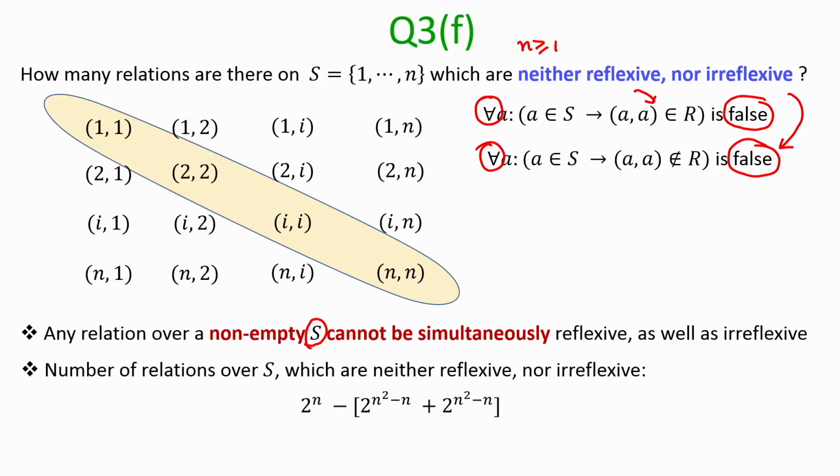It turns out that if I try to find out the number of reflexive and irreflexive relations simultaneously with respect to the options that I have for the non-diagonal elements, then the counting might become slightly tricky.